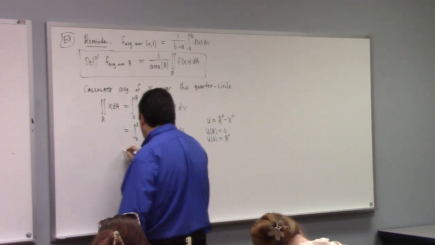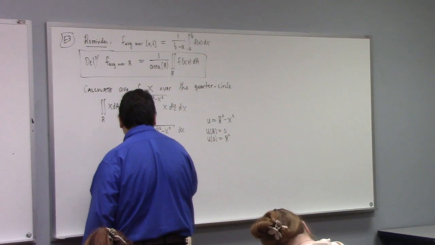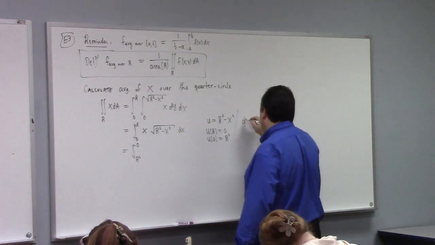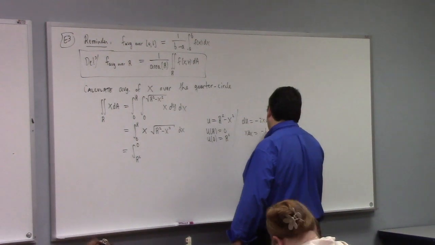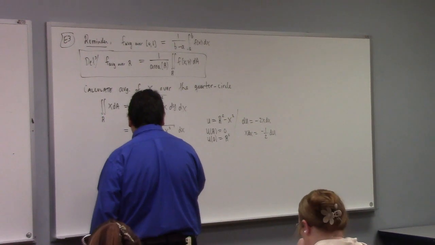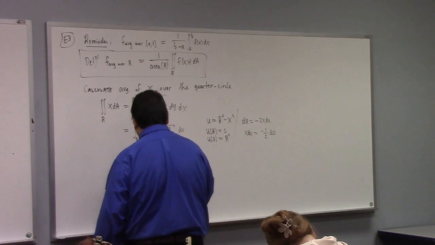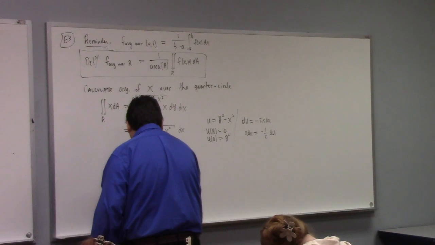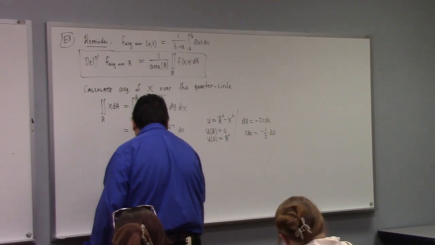And so this integral, changing the bounds, I go from r squared up to 0, and my du is minus 2x dx, which means x dx is minus 1/2 du. And so what I've got is minus 1/2 square root of u du, which I can change to the integral from 0 to r squared of square root of u over 2 du.